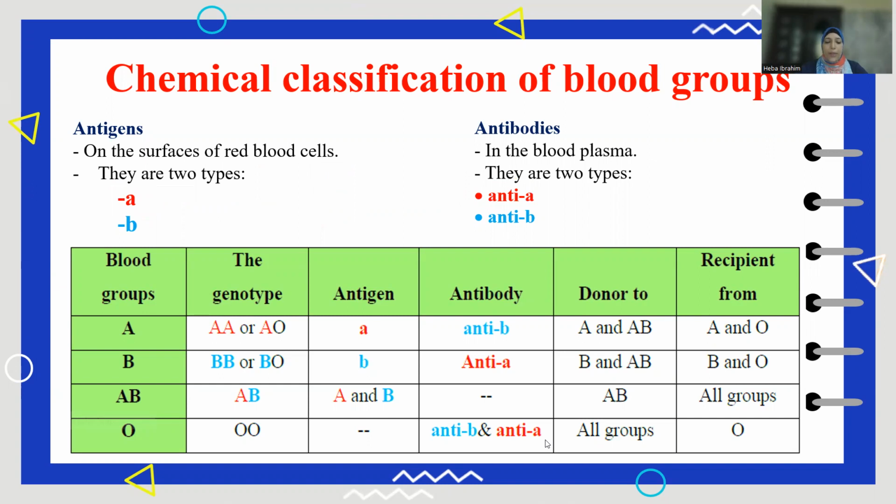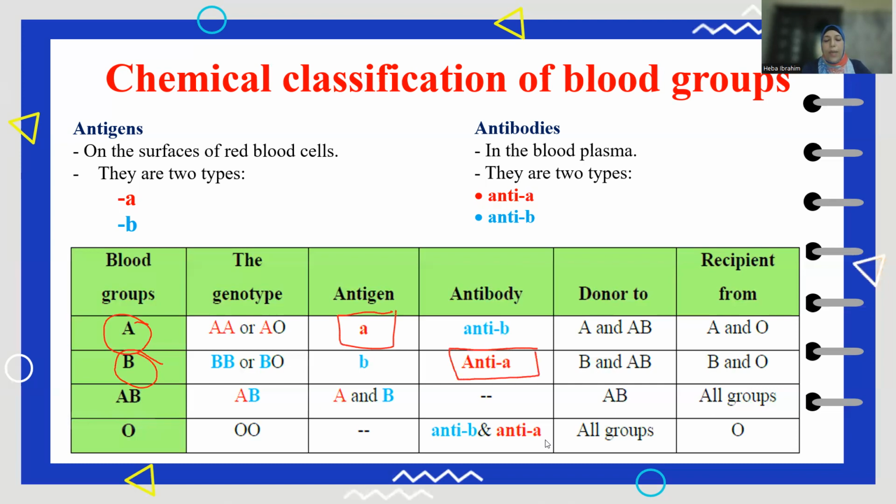If we need to transfer blood from an individual with blood group A to another individual with blood group B, the individual with blood group A has antigen A, and the individual with blood group B has anti-A.